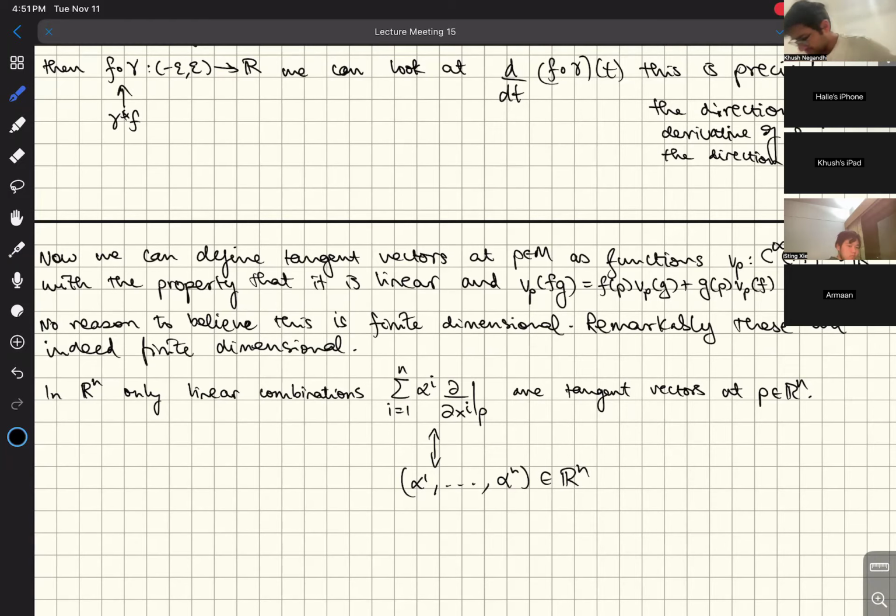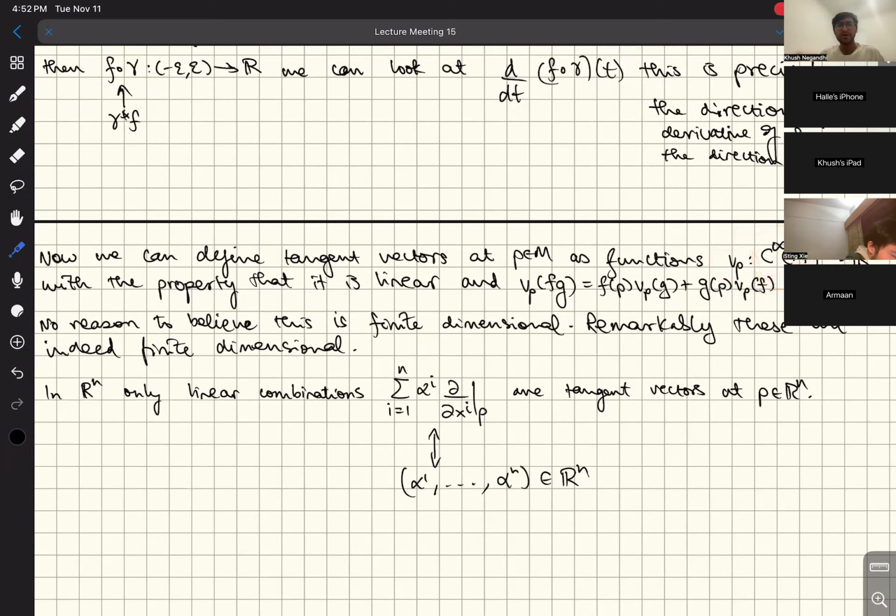I mean, okay, so one thing to note about the isomorphism is that we haven't really talked about how tangent vectors look like on arbitrary manifolds yet. We know that they're linear maps from this space into this space.